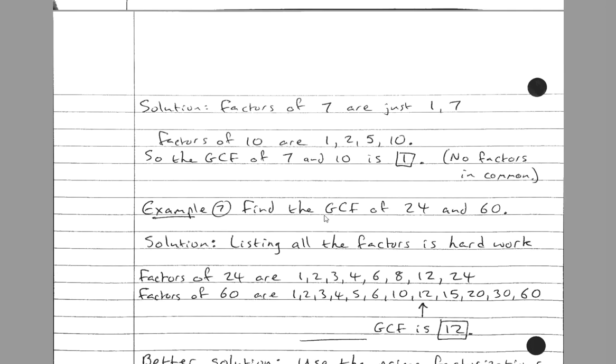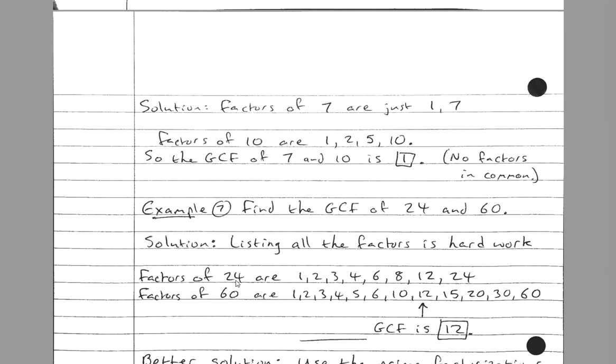Example 7, find the GCF of 24 and 60. Okay, we can do it the same way, but now we're seeing a problem. These numbers have lots of factors.